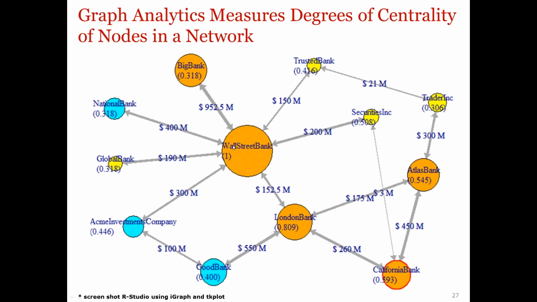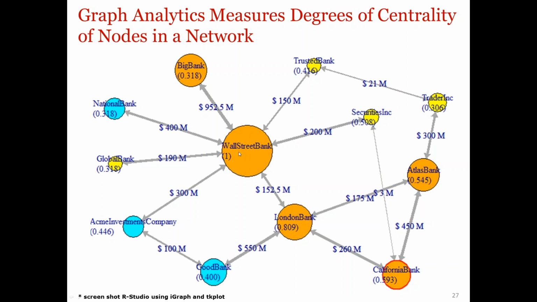Here's an example of systemic financial risk, where through creating a graph where we can see money flows between different banking entities, we can identify a graph metric called an eigenvector.